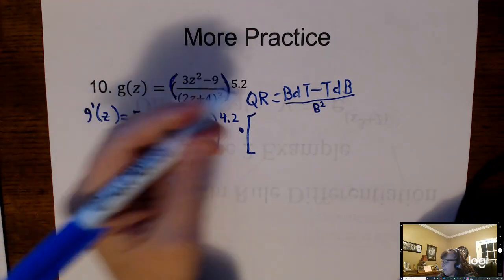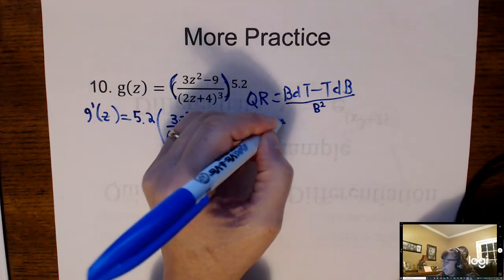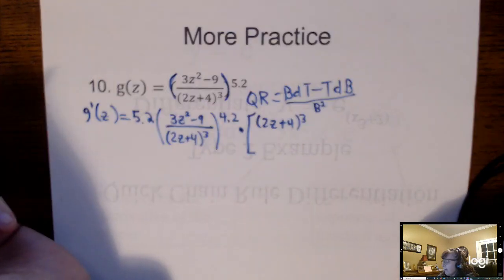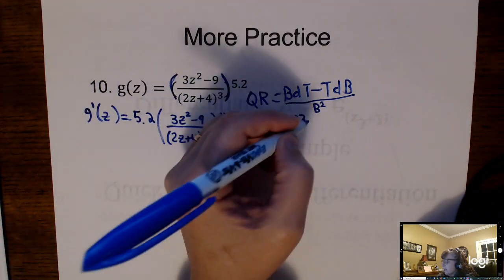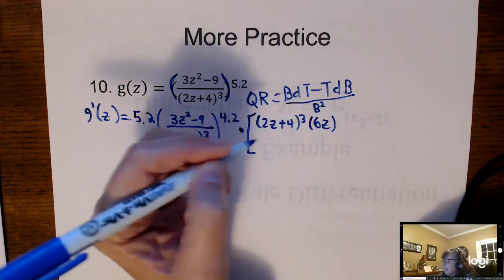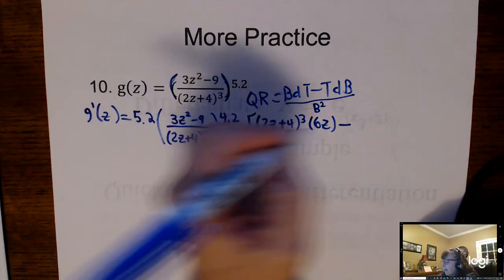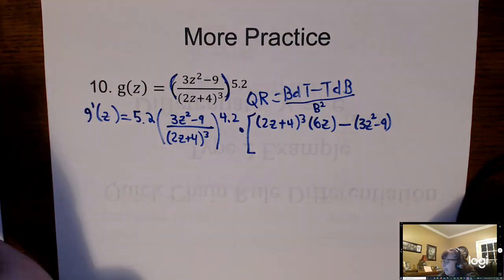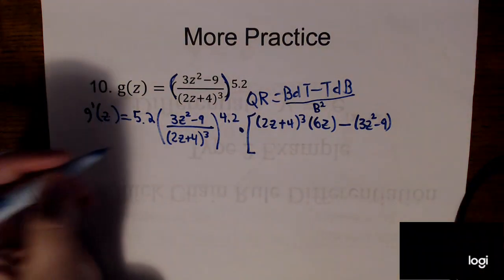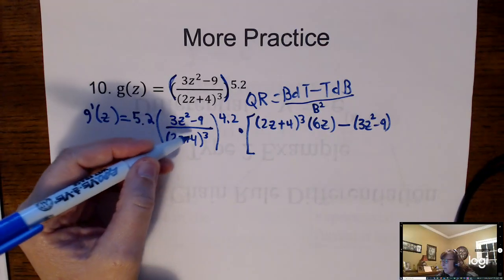It's bottom, which would be 2z plus 4 quantity to the third power, times the derivative of the top, which is 3z squared minus 9, so that's 6z, minus the top, which is 3z squared minus 9, times the derivative of the bottom, which is a binomial to the third power.